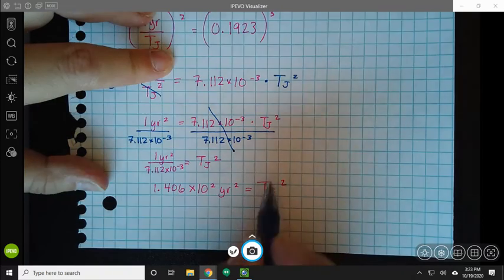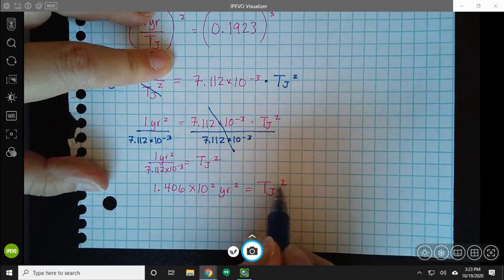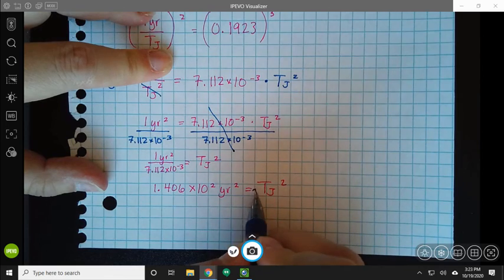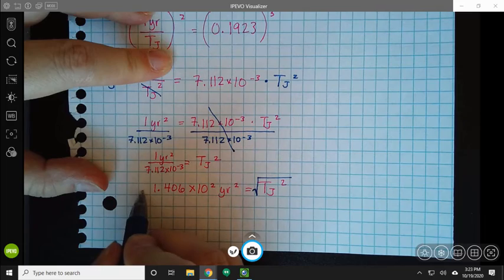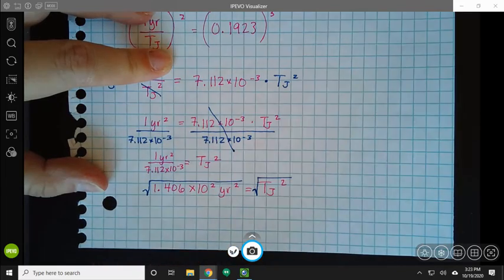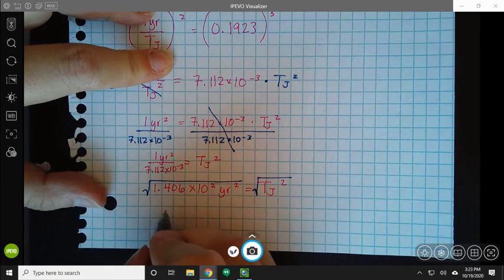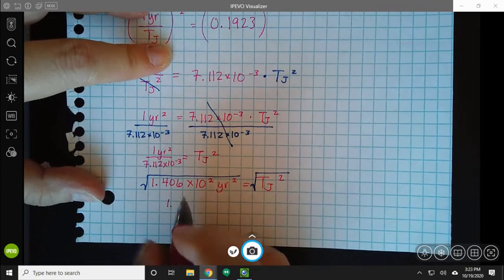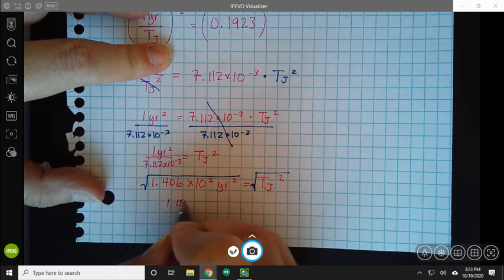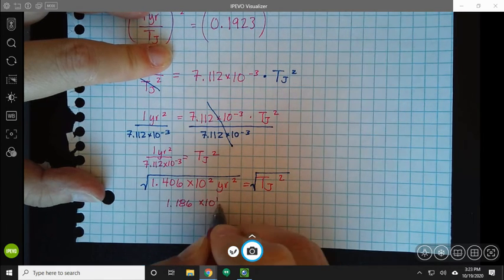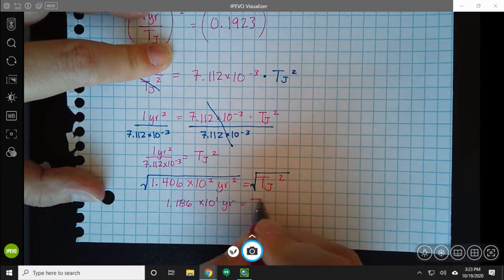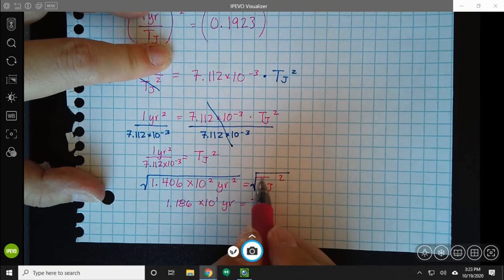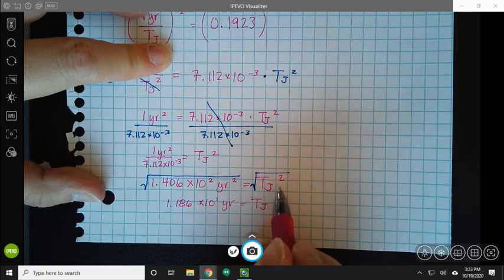So at this point in time, I need to find just Tj. I have Tj squared. The way that I find that is I find the square root of this side. I can do anything over here as long as I do it to this side. So I'm going to find the square root of all of that. So what I find is that I get 1.186 times 10 to the first years, because I'm also finding the square root of the years squared, equals Tj. So now this is no longer squared because I found the square root of it.